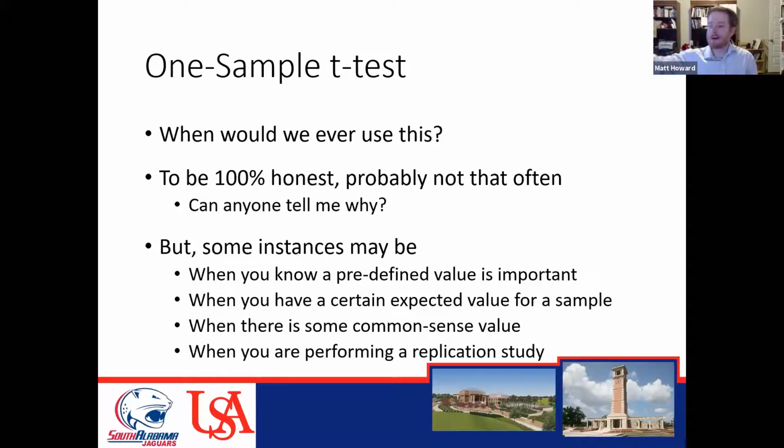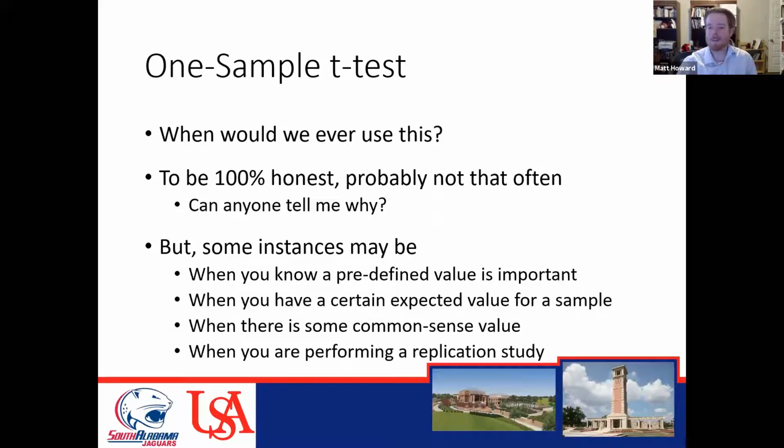So if we're trying to replicate that effect, we might want to first show that we brought people into a lab, and they indeed were not significantly different than a value of 20, that they are similar to a value of 20. That gives you assurance that you were able to successfully replicate what is typically found in that context. So those are 4 instances you might want to use a one sample t-test.